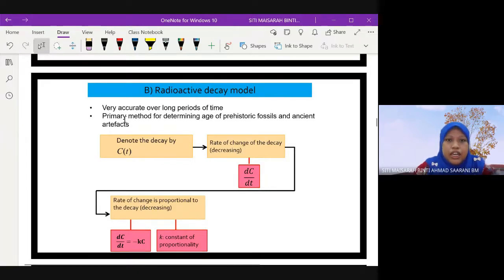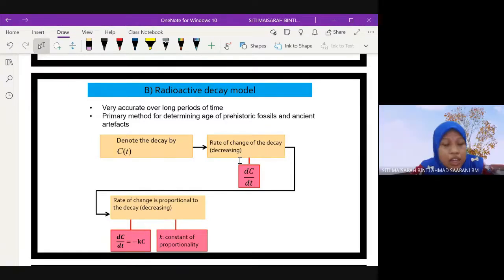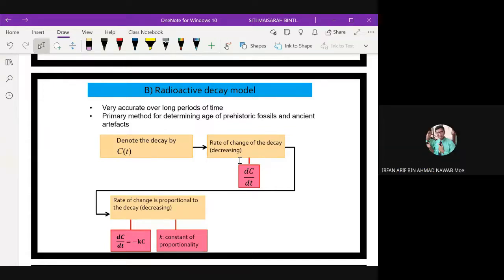Okay. Kalau ikutkan, kalau decay tu bermaksud apa? Kenapa kat sini dia sebut rate of change dia decreasing? Sebab apa? Sebab boleh balik kurangkan itu. Negatif kan? Yang kat negatif KC kan ada?